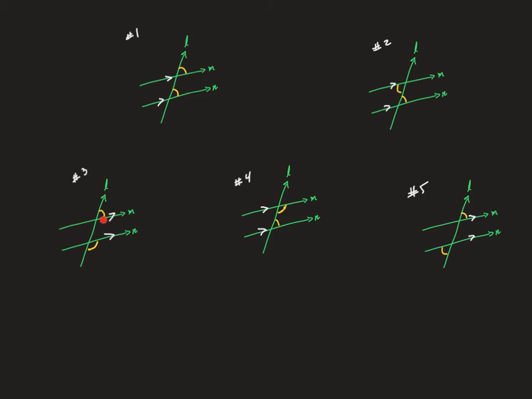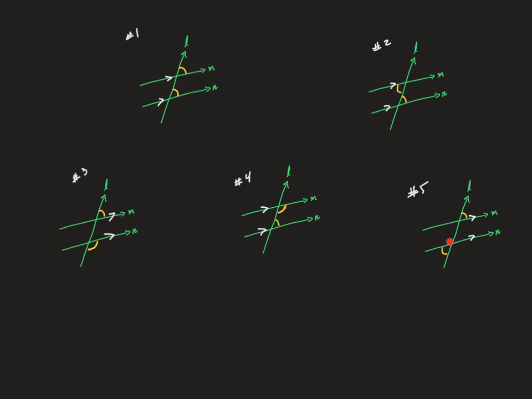3 here, these are going to be same side exterior angles, and we haven't talked about that yet before now. Same side exterior angles are going to be supplementary. Same side interior angles are going to be supplementary.